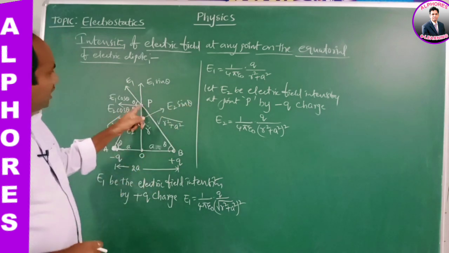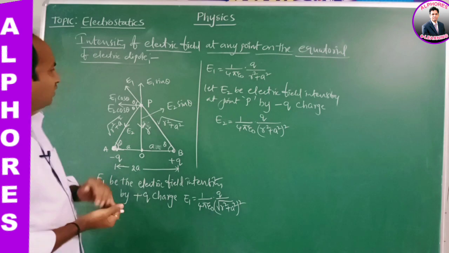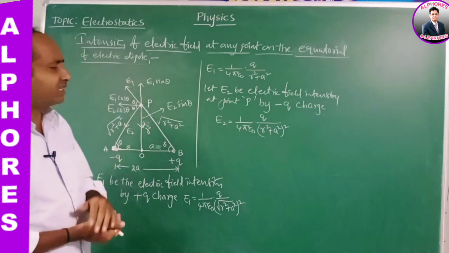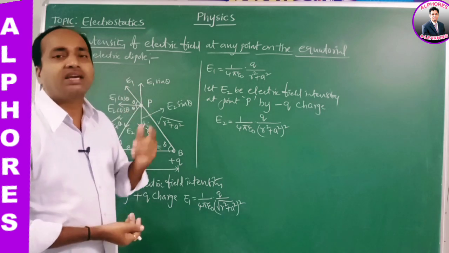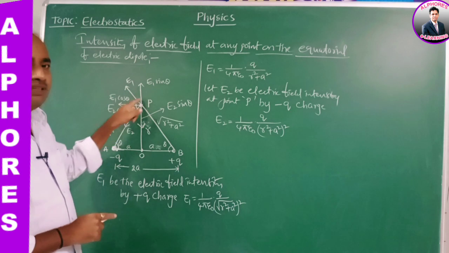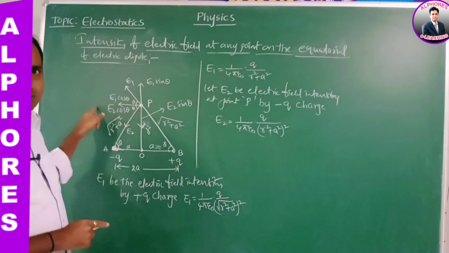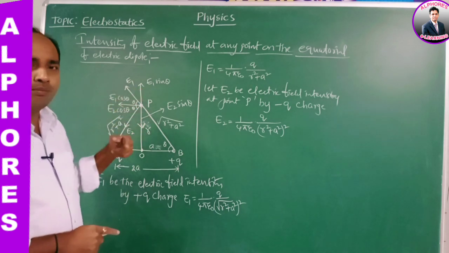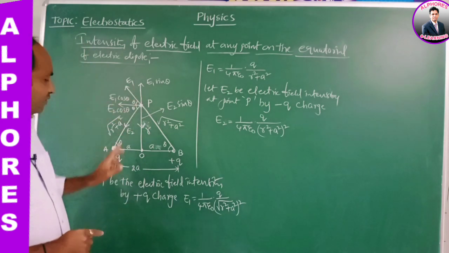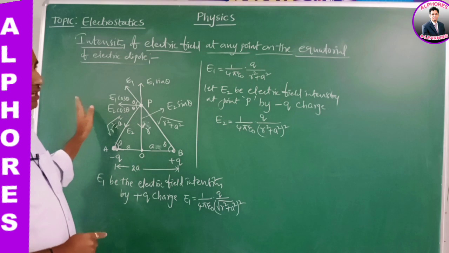See, at the point P, the vertical components of E1 and E2 are opposite in direction, same magnitude. They cancel each other. But the horizontal components of E1 and E2 are in the same direction.